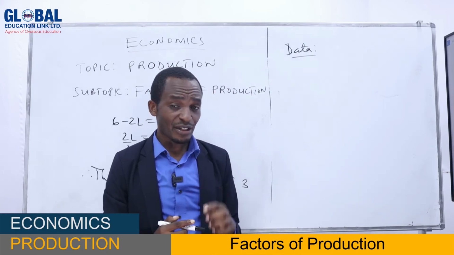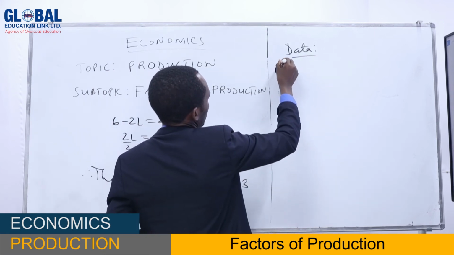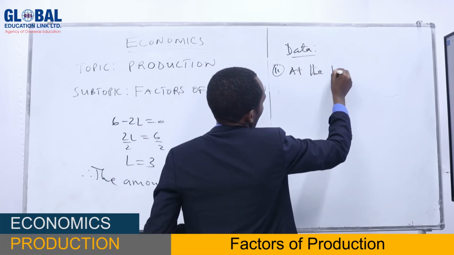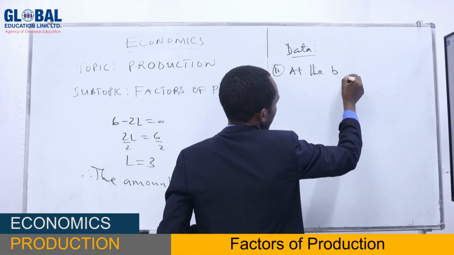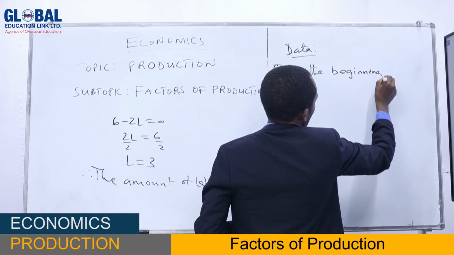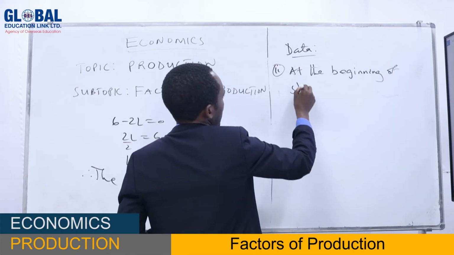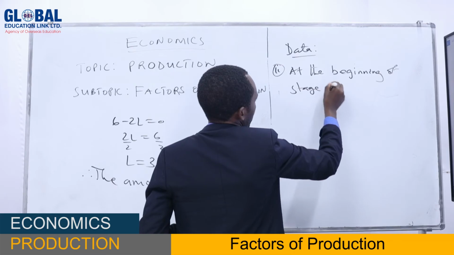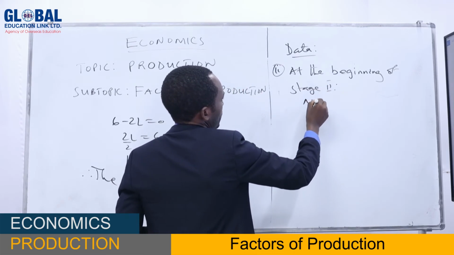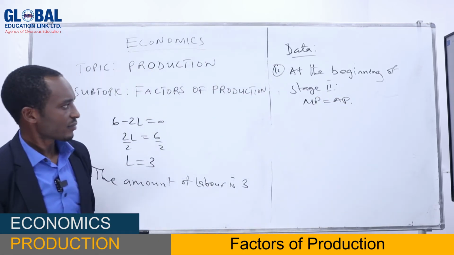So at the beginning of stage 2, Roman 2, you know that marginal product is equal to average product.